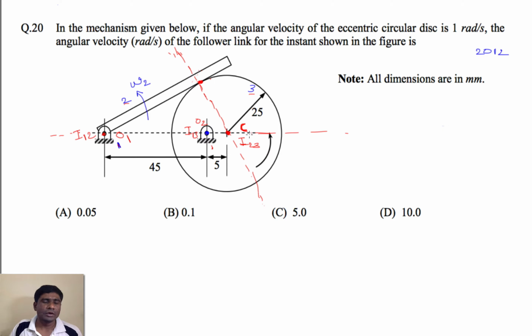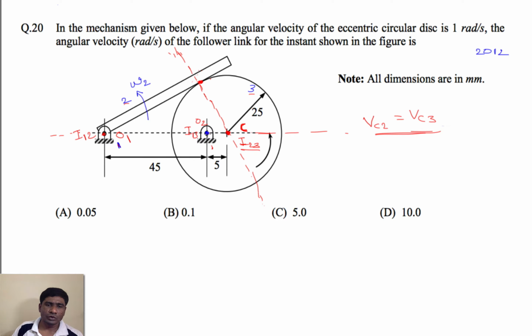Otherwise, we know that the relative velocity of links 2 and 3 at this instantaneous center 2 3 equals 0, or the absolute velocity of link 2 at the instantaneous center C equals the absolute velocity of link 3 at the instantaneous center C. So we need to equate these two.